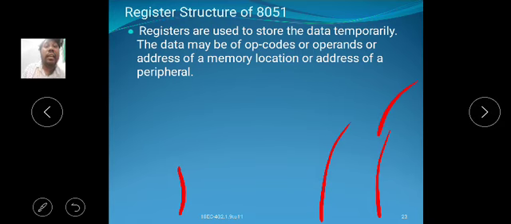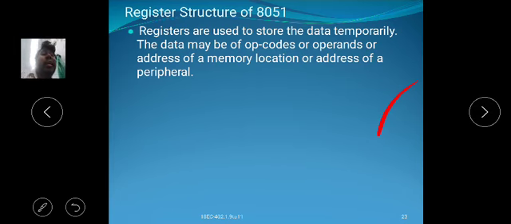These are the important blocks in the 8051 architecture, the important blocks of the microcontroller.